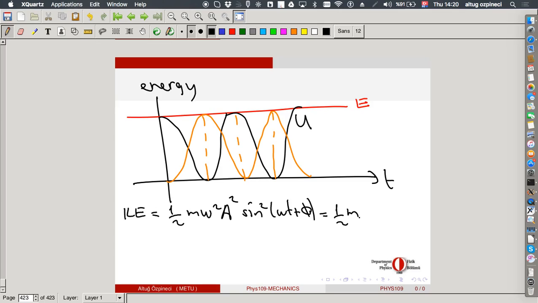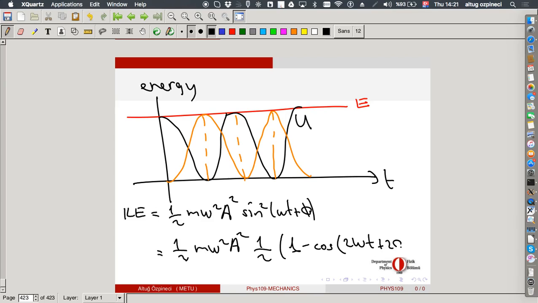This is equal to 1 over 2 m omega squared a squared, and sine squared you can write as 1 over 2 times 1 minus cosine of twice omega t plus twice phi. And so it's also a harmonic function with twice the frequency, half the period.